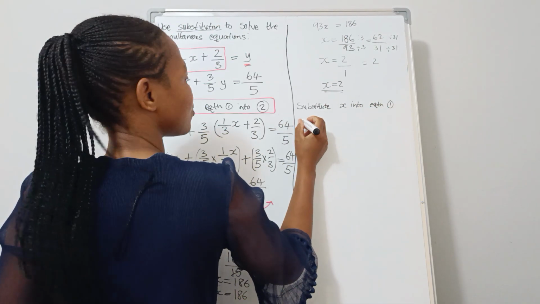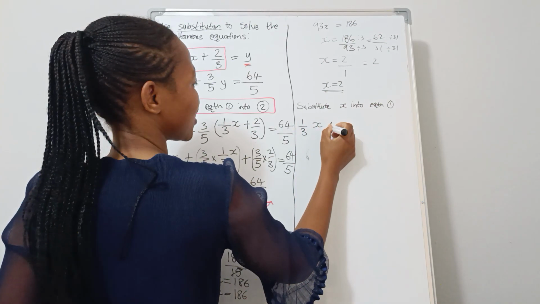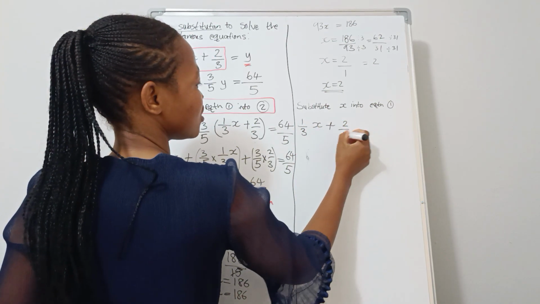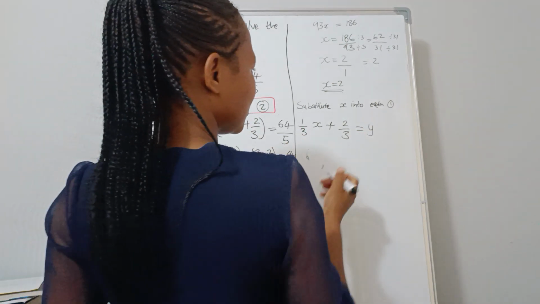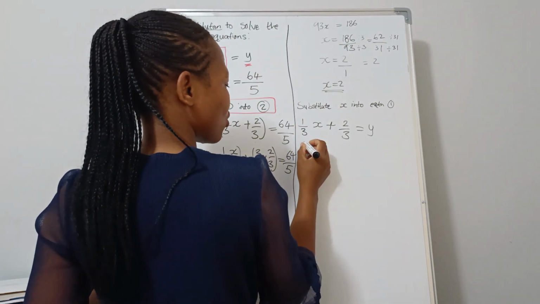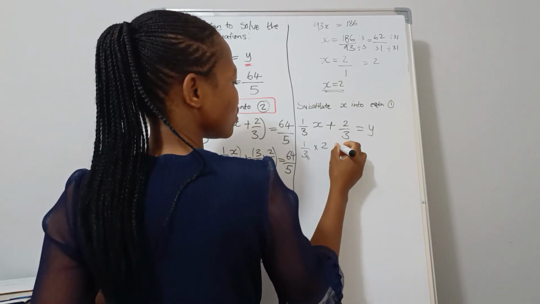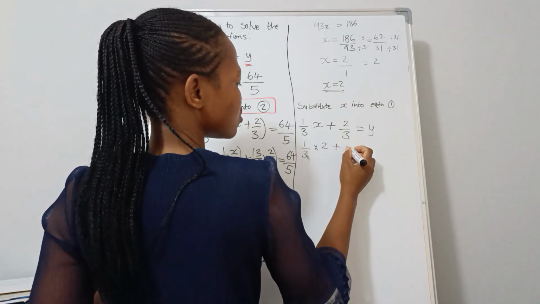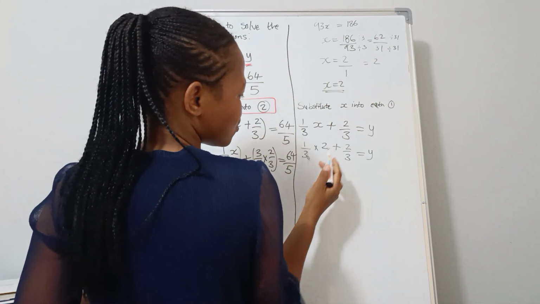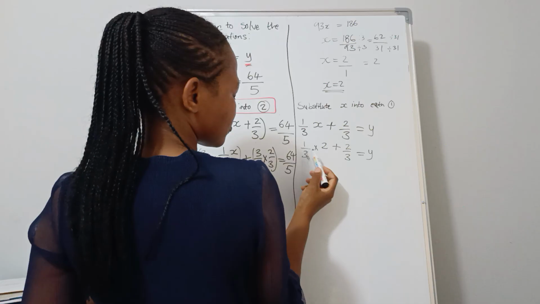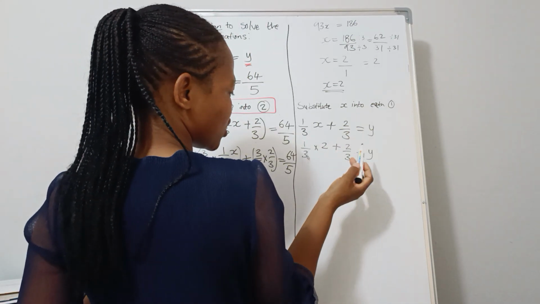Okay. So now our equation 1 was 1 over 3x plus 2 over 3 equals y, right? Now we said our x is 2. So we have 1 over 3 times 2 plus 2 over 3 equals y. So we said BODMAS, multiplication comes before addition.